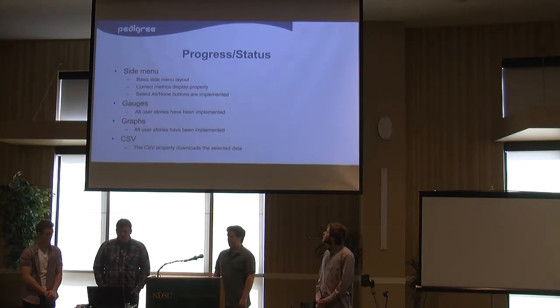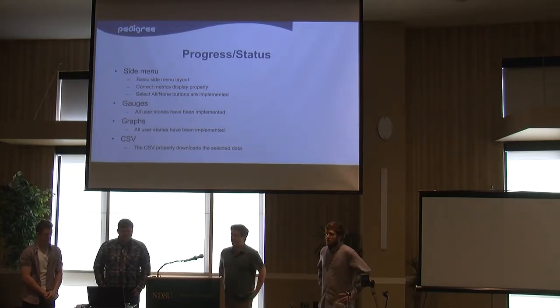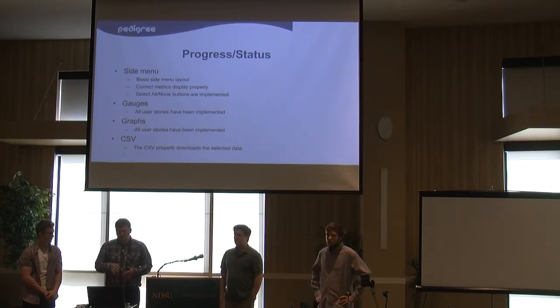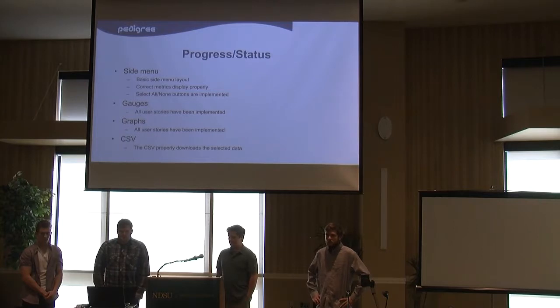For our progress so far, I personally was working on this side menu. Basically, we were trying to replace the current selection menu with a simpler hamburger menu that would pop out. You can make changes at any time.